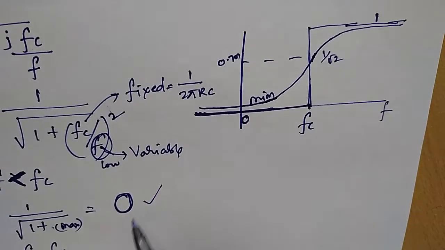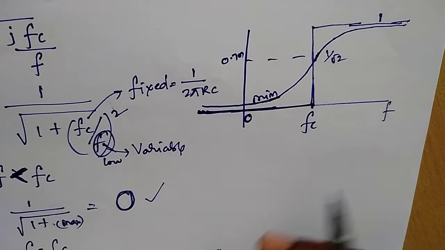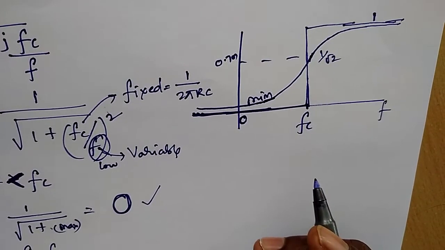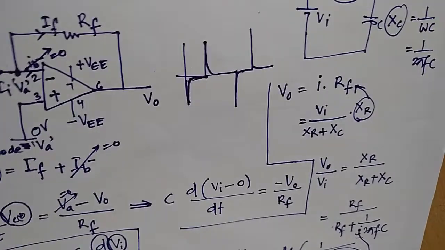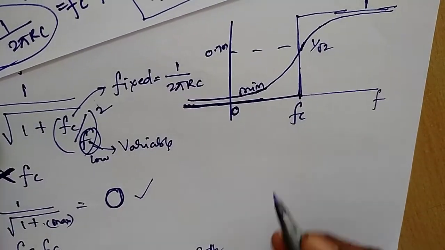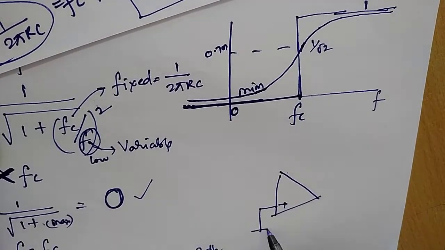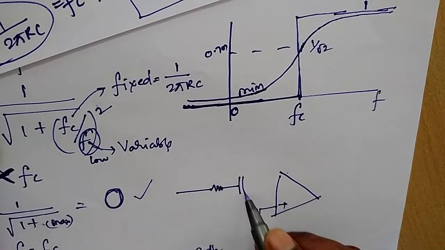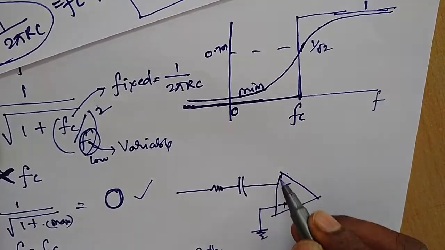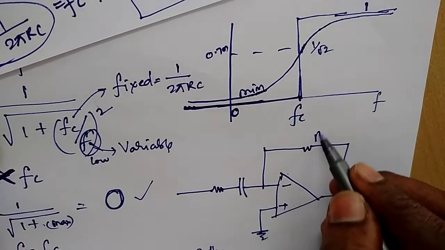So in this condition you can't detect that 0 value at low frequency. That's why you have to add one resistor in series with the capacitor at the input and one resistor at the output. So the total circuit diagram is redrawn like this: the positive terminal is connected to ground, and at the input it is better to take one internal resistor in series with the capacitor, which is connected to the negative terminal, and take the feedback element RF.